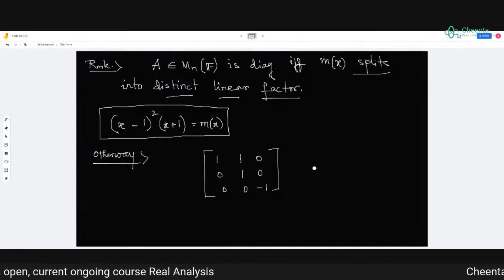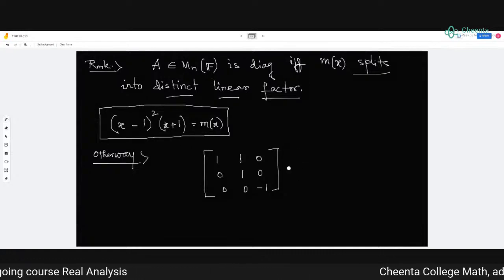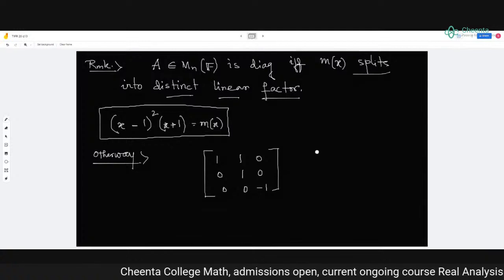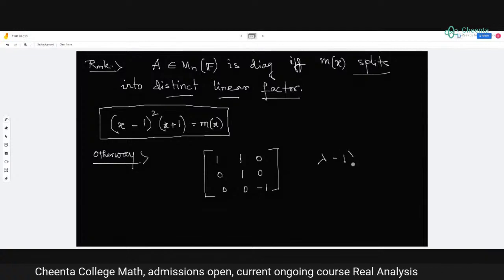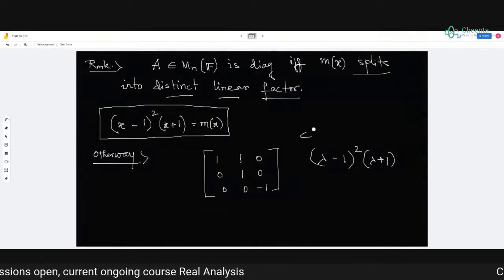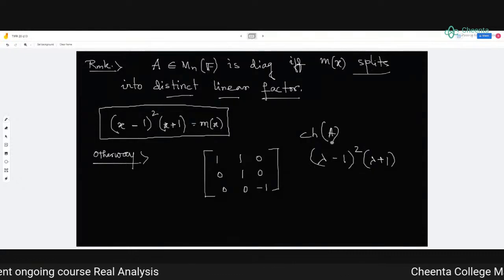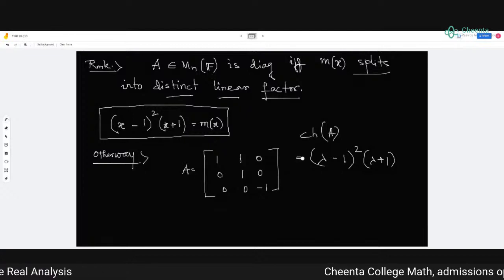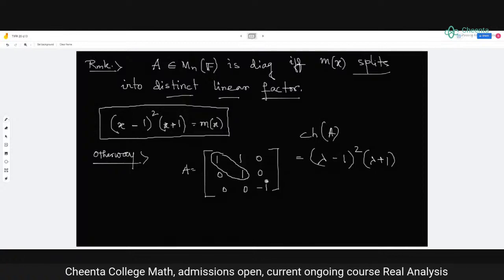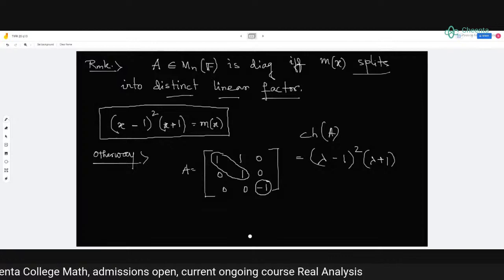What is the characteristic polynomial? It is lambda minus 1 whole square into lambda plus 1. So this is the characteristic polynomial of A. Then 1 is an eigenvalue of algebraic multiplicity 2, and minus 1 is an eigenvalue with algebraic multiplicity 1.